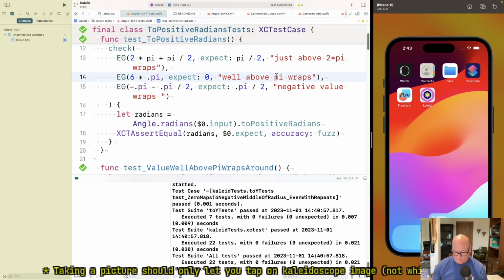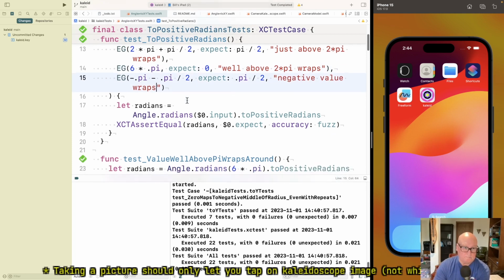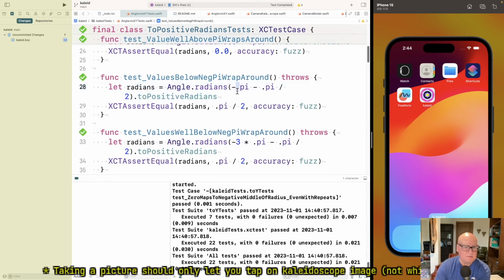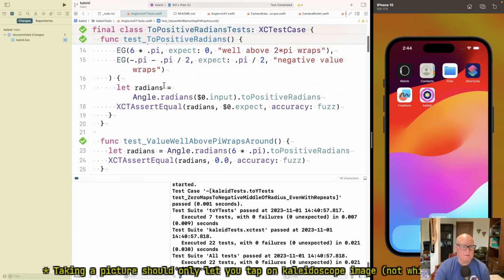This is well above 2 pi. Minus pi over 2. That's this one. We want this one to pi over 2.